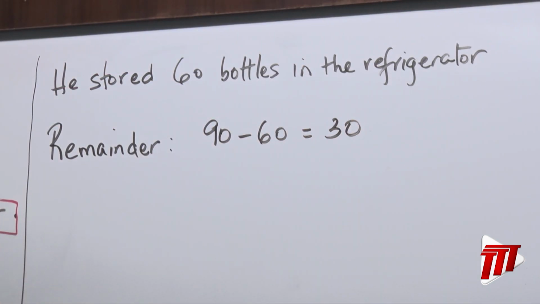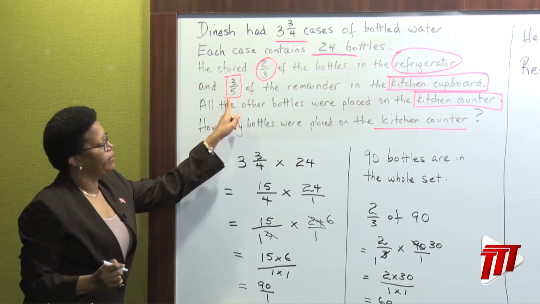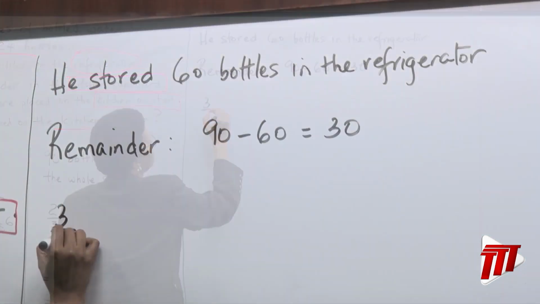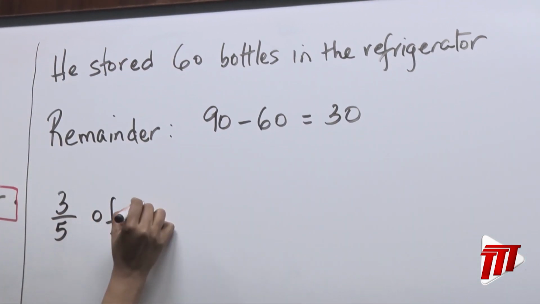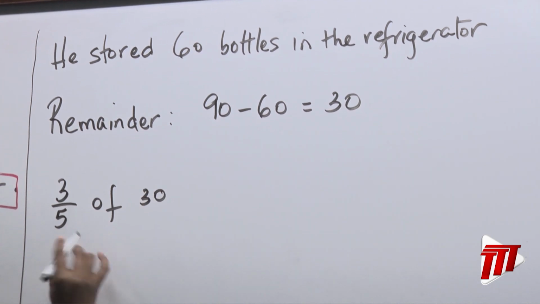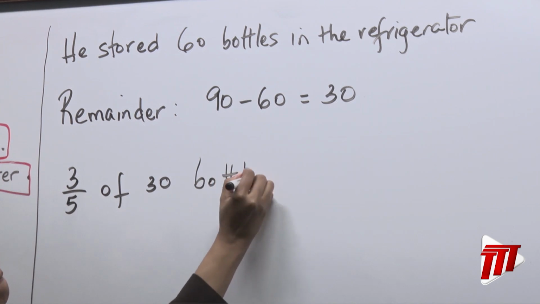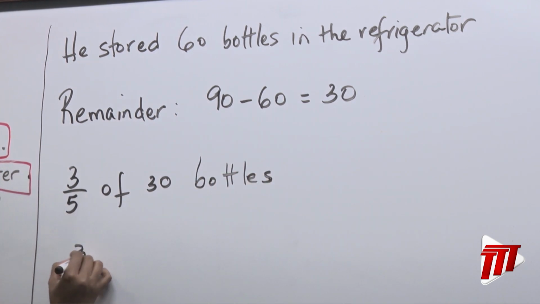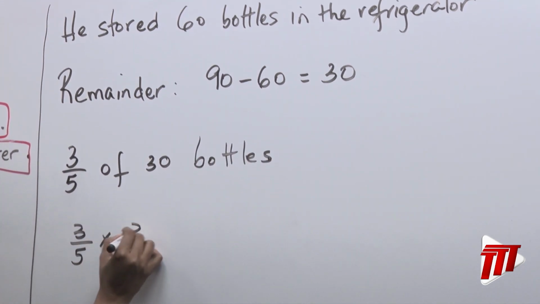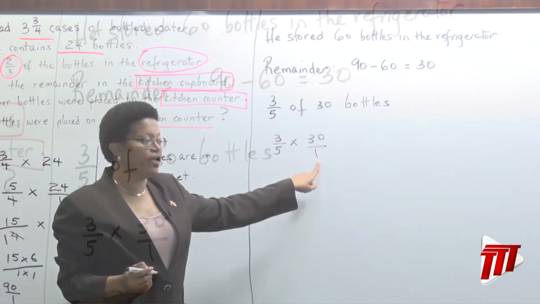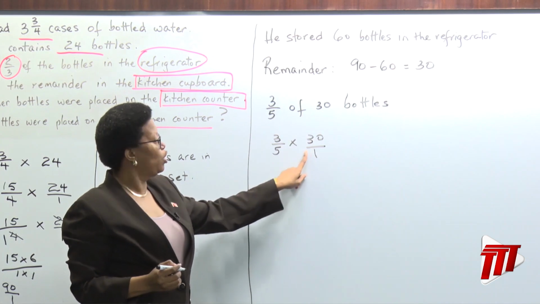Our remainder is 30 bottles. We need 3/5 of the remainder. We want 3/5 of 30 bottles. We can write 3/5 multiplied by 30. 30, with 1 in the denominator, speaks of 30 wholes.